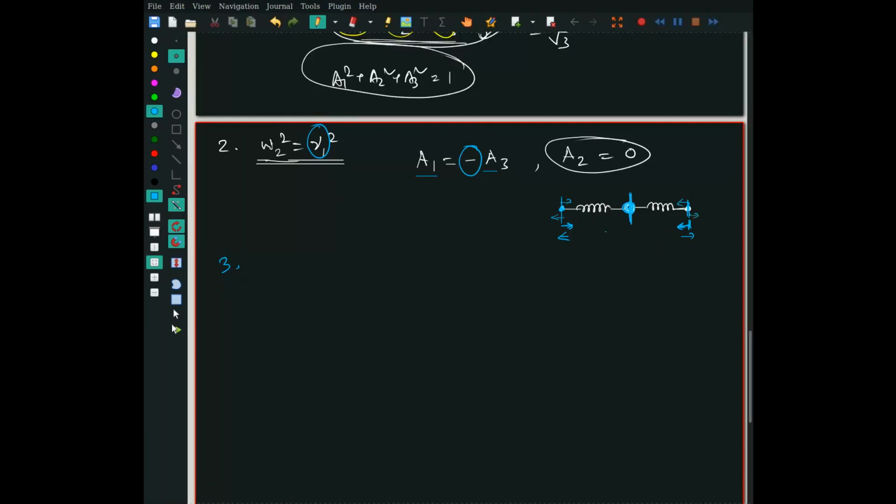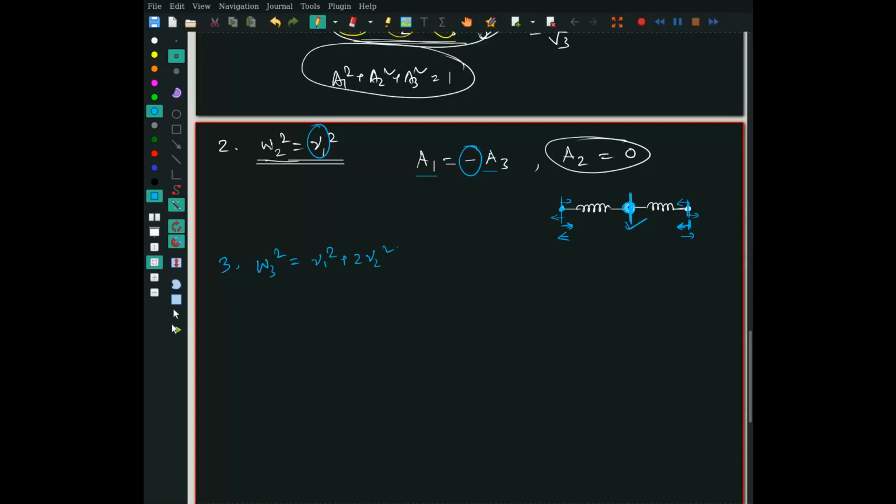So you can imagine that this one is fixed, and the two other atoms are vibrating, not precisely independently, but vibrating with frequency given by this k over m. Now the third mode is omega 3 square equals nu 1 square plus 2 nu 2 square.